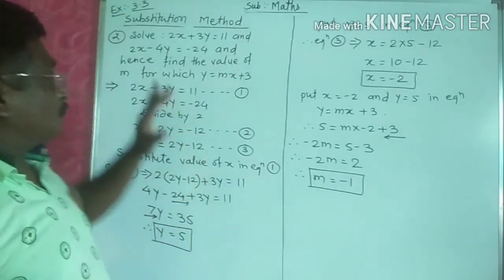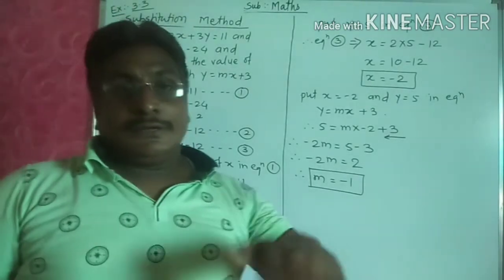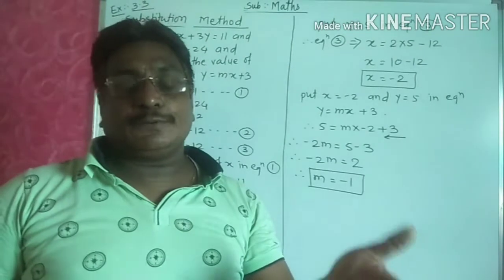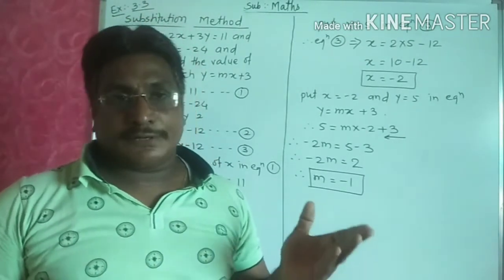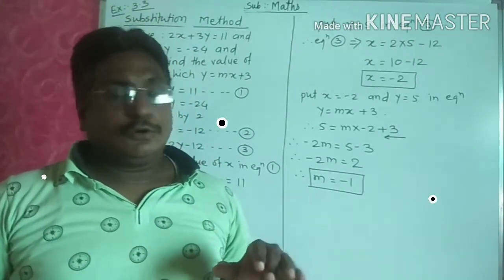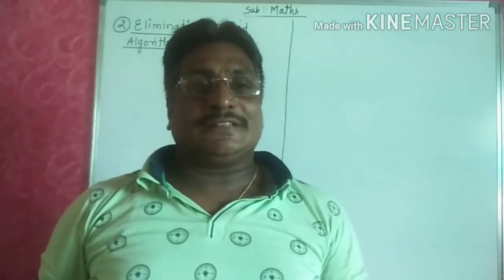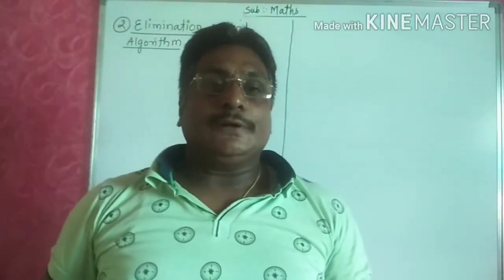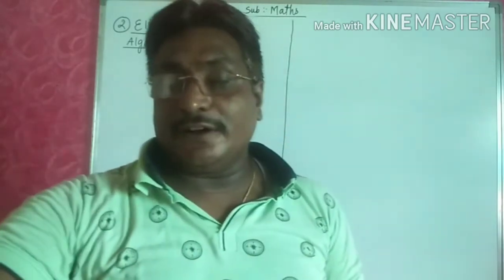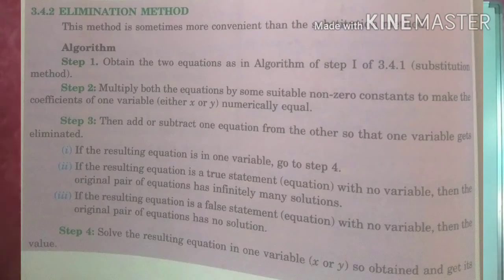Okay students, now we will go on to the second method. What is the name of the second method? Elimination method. In the elimination method, first we will discuss the algorithm. Algorithm means the steps for solving by the elimination method.